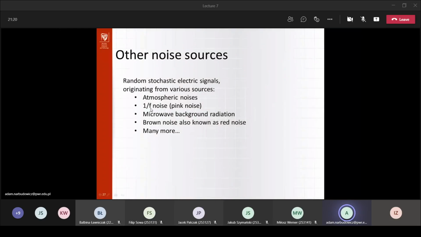You might have heard of 1/f noise, also called pink noise, where the name comes from the fact that the noise decays with frequency.